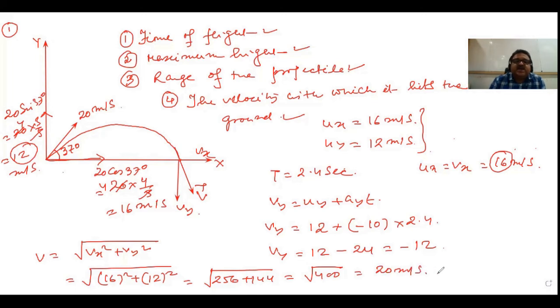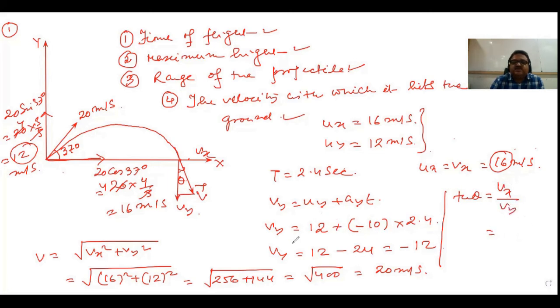And you can say the angle also. What is the angle? You can find out with this angle, okay, or with this. Correct? So this angle you can say is theta. Tan theta is equal to, take this, Vx by Vy, and what is Vx?